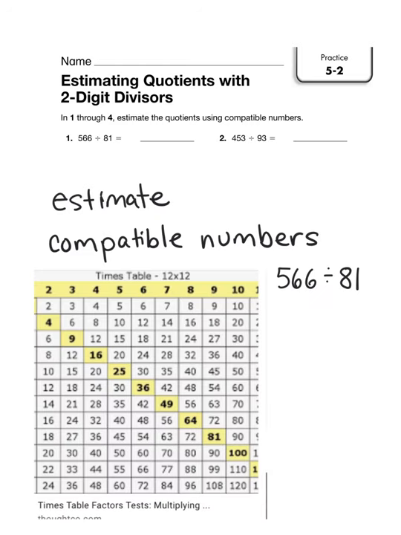Okay, so let's look at our first example, number 1, which is 566 divided by 81. Now, I'm going to say that 56 and 8 are compatible numbers. So I'm going to start there.